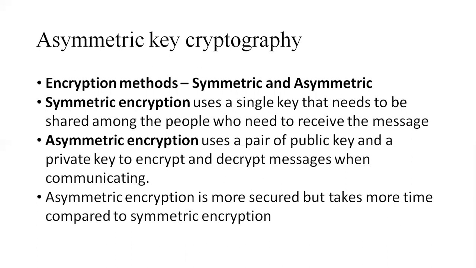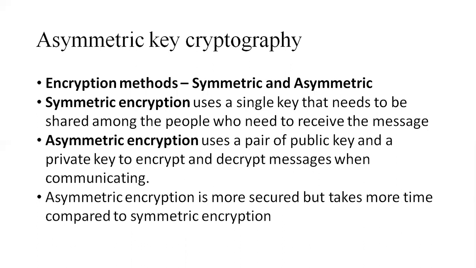When compared to symmetric key encryption, asymmetric key encryption is more secure because it is based on two different keys. In order to encrypt and decrypt, we are using two different keys, which means the encryption process is more secure and it is difficult for a hacker to decrypt it back. Only the intended receiver can decrypt the message back into plain text.